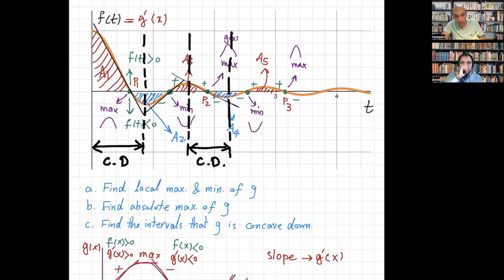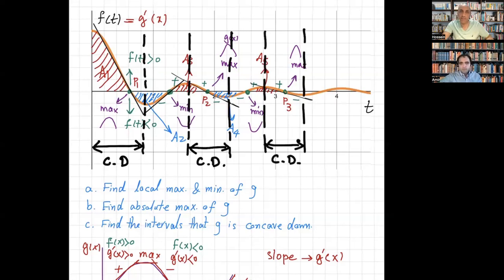And the same here, because the slope is negative, I have another interval within which G of X is concave down, and so on. You can actually go to infinity with that. So the concept is that wherever the tangent of f is negative, G is concave down.